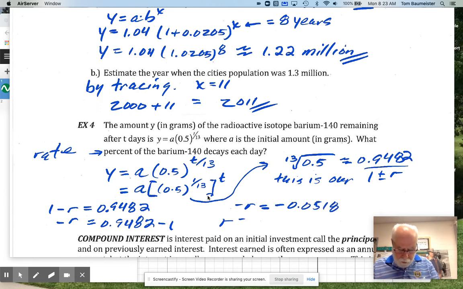Our regular R is equal to 0.0518. And again, we want to change that one to a percent since it is a decimal. So I'm going to move it this way to get my percent. And that will tell us then that R is equal to 5.18%.